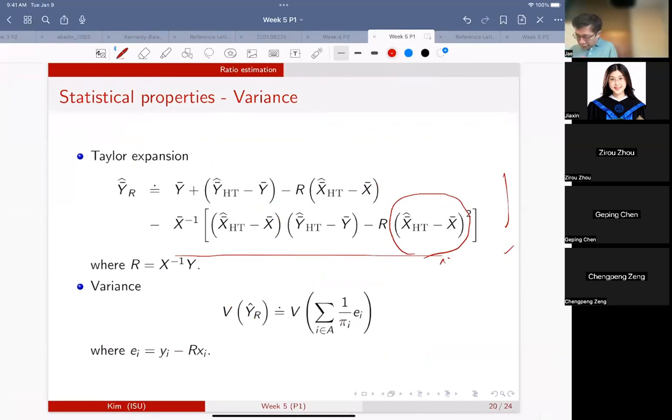When you do this kind of Taylor expansion, the idea is that this guy is of order 1 over root n. I haven't really introduced this notation, but another way to say it is that this is bounded in probability.